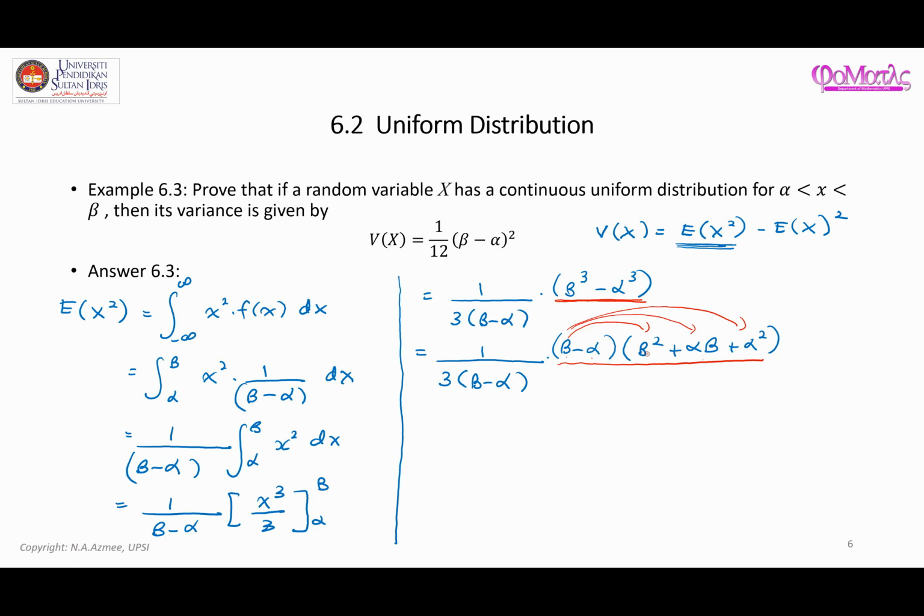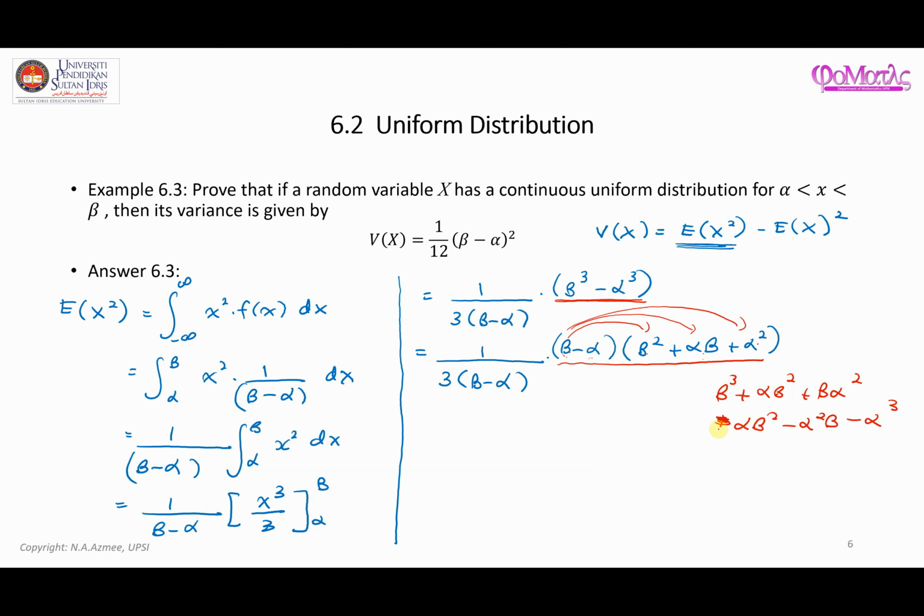So beta times beta squared gives beta cube, beta with alpha beta gives plus alpha beta squared, beta and alpha squared gives alpha squared beta. Next, we have negative alpha beta squared, negative alpha squared beta, negative alpha cube.